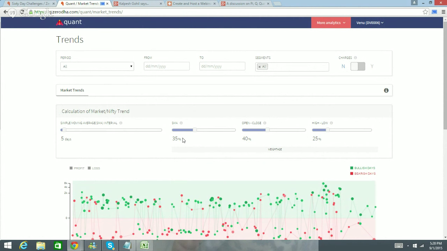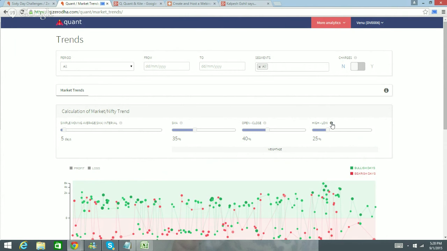Right now we are giving a weightage of 35% for the simple moving average. A day is considered bullish if the simple moving average is above the 5-day moving average. 40% weightage is given to open minus close. If the close is greater than open, then it's a bullish day, right? So 40% weightage is going to that.